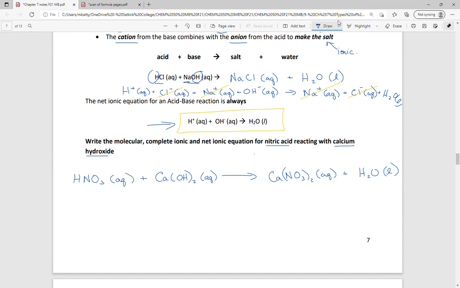The complete ionic equation would be all of these things that are aqueous shown. Oops, did I balance this? I did not balance it. I knew it. Goodness me. There we go.